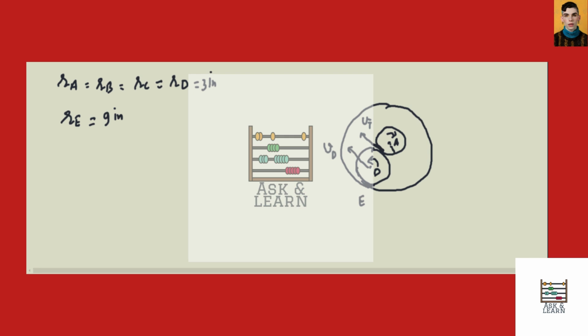It is known that gear A has constant angular velocity of 150 rpm in clockwise direction, and outer gear E is stationary, so omega E is given as 0.